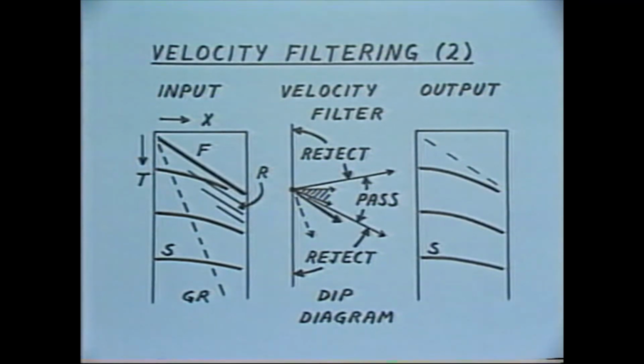But by virtue of this velocity filtering process, then, we've removed or reduced to a large extent the near-surface noise modes, which are events that we don't really want to see on the seismic data.